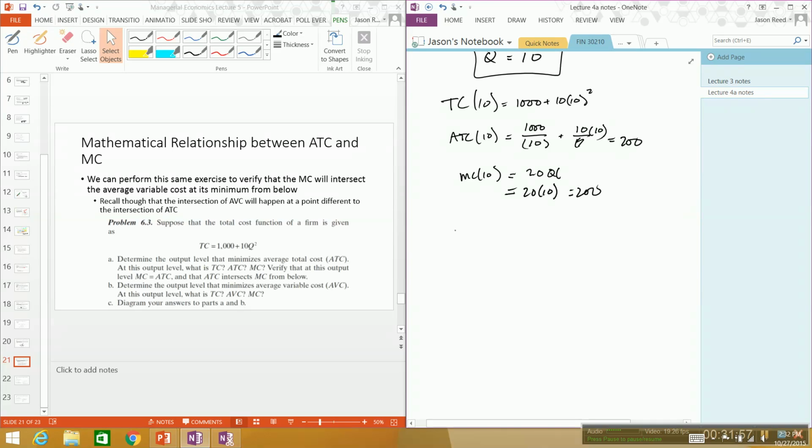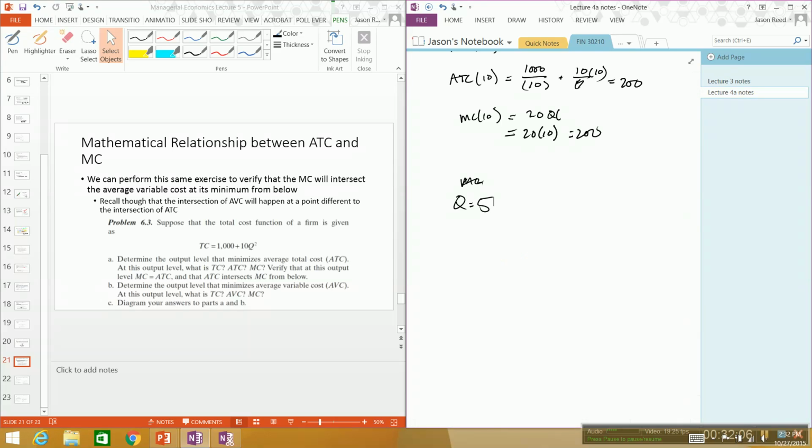Well, what we could do here is take a different value. Let's look at a quantity equal to 5. And we could see the relationship between average total cost and marginal cost at this level. We would expect that average total cost should be greater than the marginal cost at an output level of 5, right? And that makes sense graphically for us.